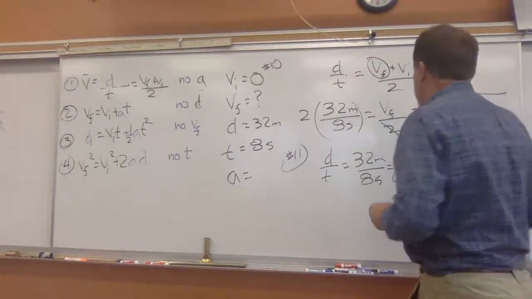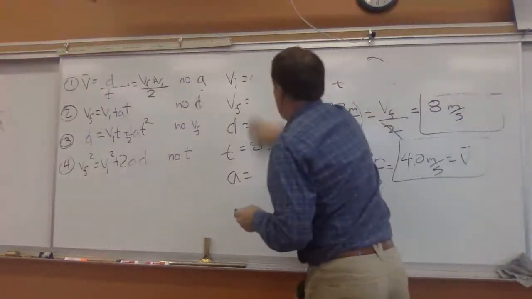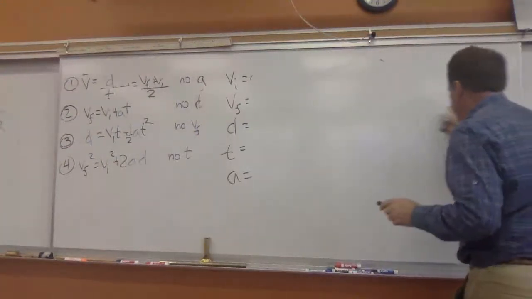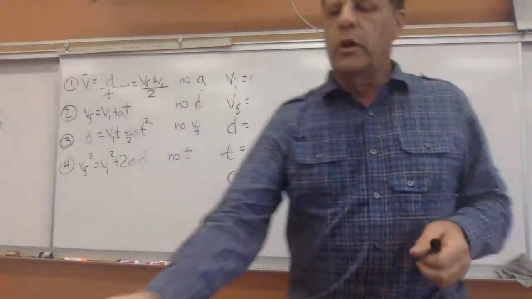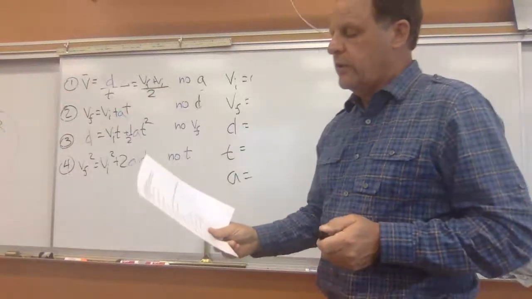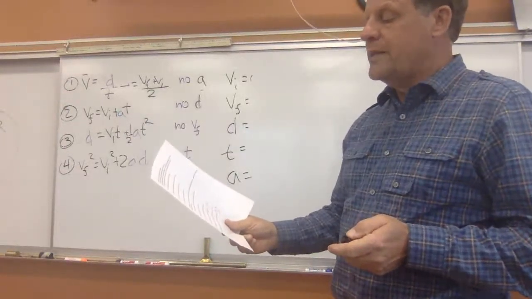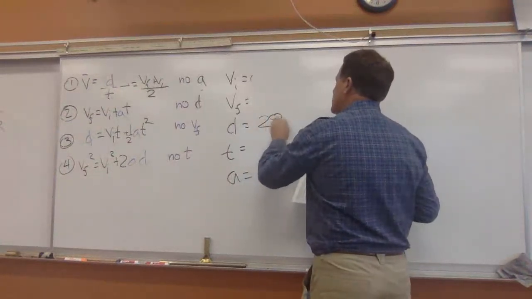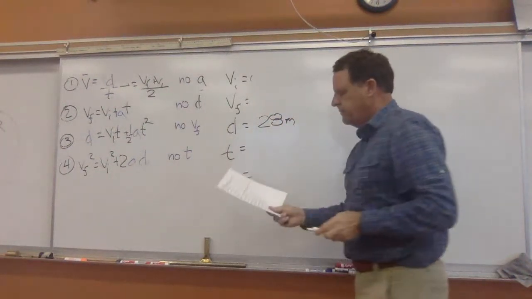I'm going to erase some of this, and we will look at what variables we know. In part 2, it says she coasts for 28 meters. So our distance is 28 meters.